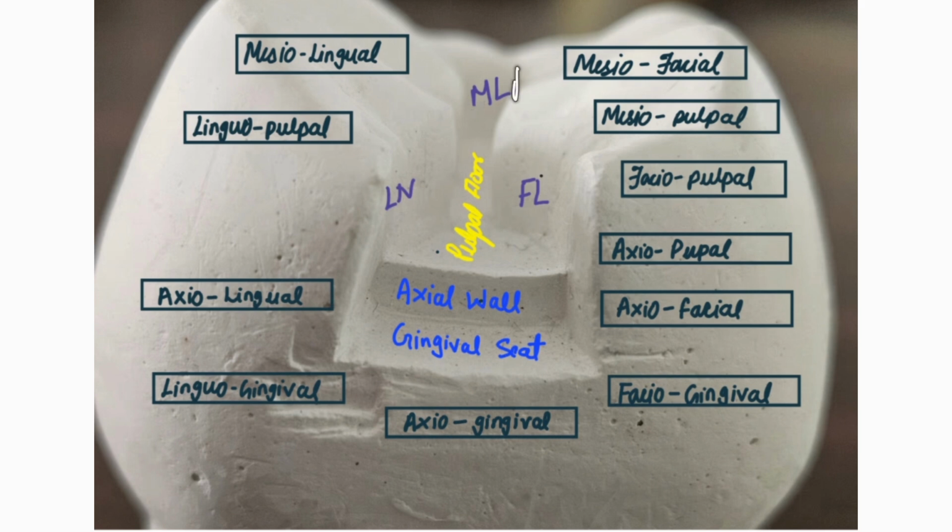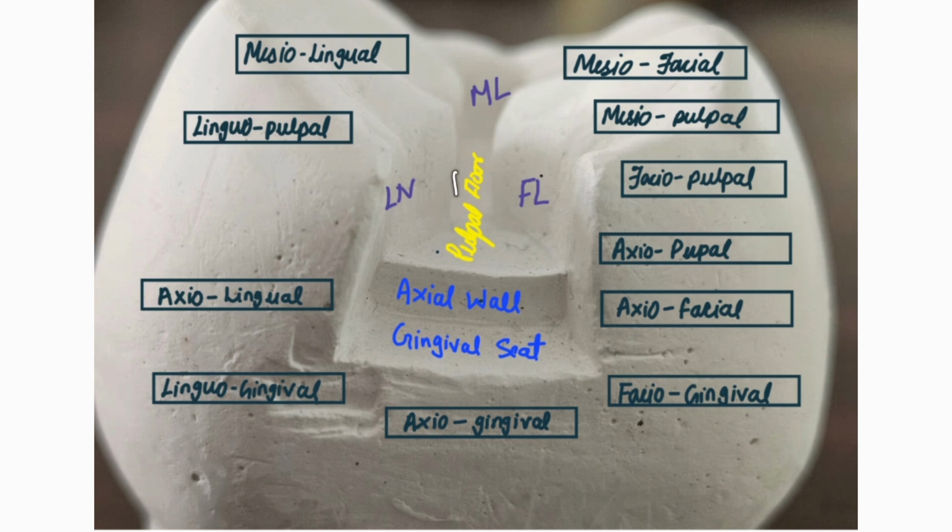The junction between the mesial and the facial is your mesiofacial line angle. Similarly, on the opposite side, you will have the mesiolingual line angle.